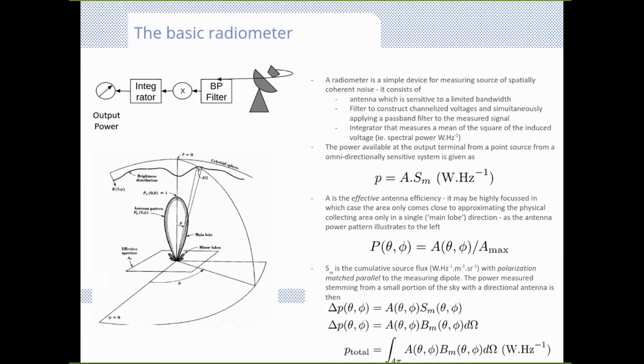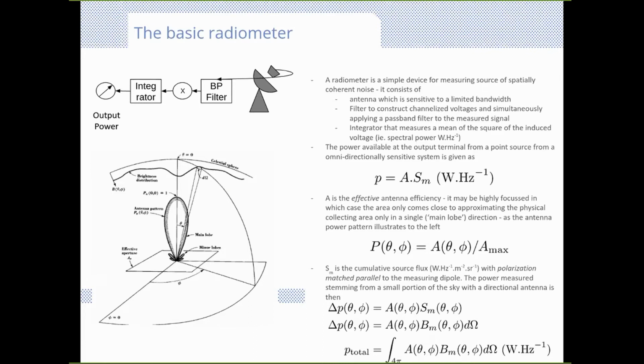Case in point is, for instance, LOFAR, right? So we have a measuring device, so the antenna itself. The signal from that measuring device is going to be passed through a bandpass filter, which will only give us a small bit of bandwidth that the antenna is effective at, right?